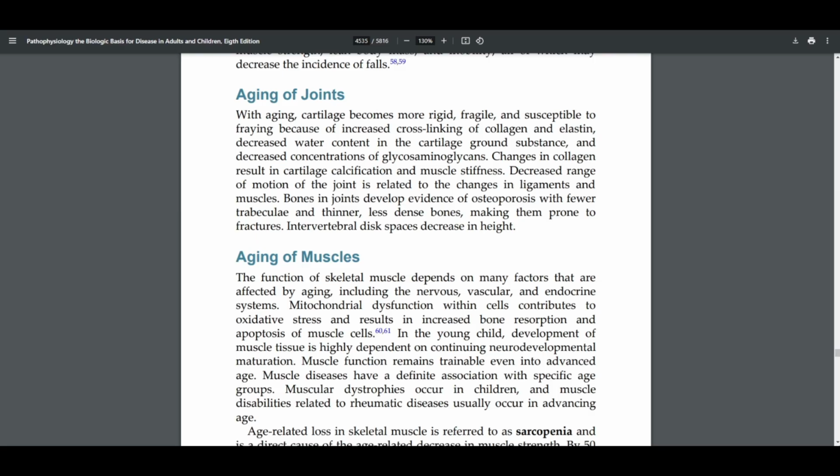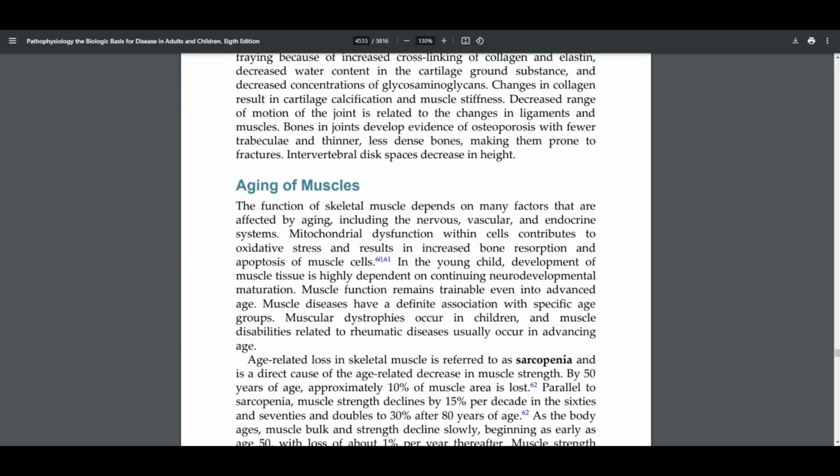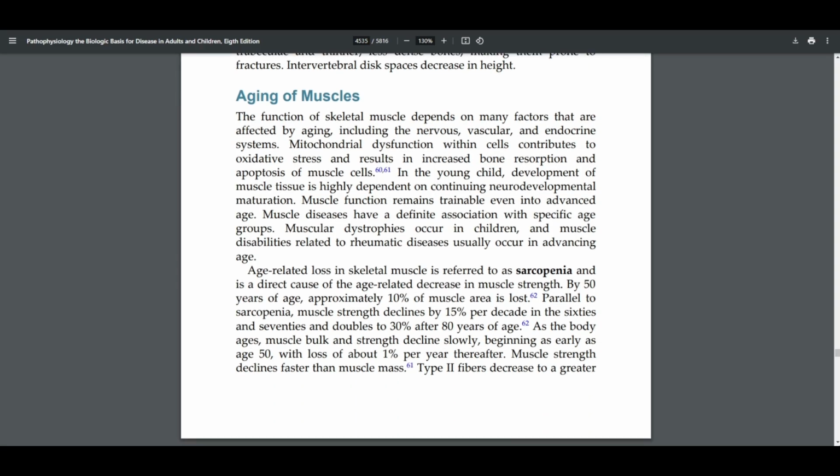Decreased range of motion of the joint is related to the changes in ligaments and muscles. Bones in the joints develop evidence of osteoporosis with fewer trabeculae, and thinner, less dense bones, making them prone to fractures. Intervertebral disc space decreases in height.